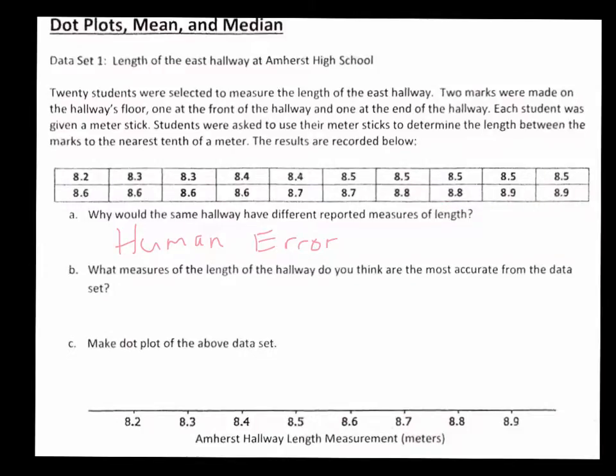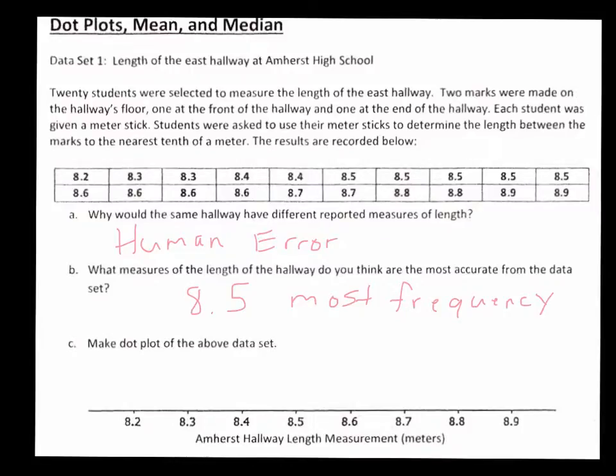So that's going to be our sort of guesstimate, our estimate. So it's probably 8.5, because that comes up most frequently. 8.5 happens most frequently.